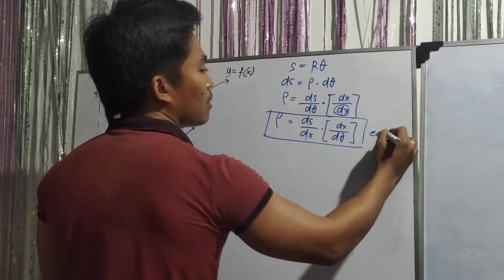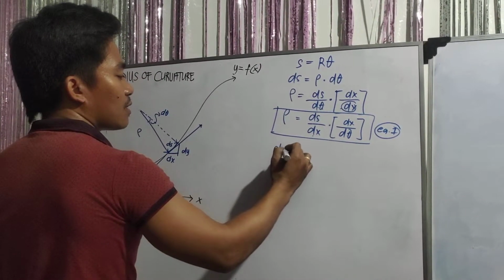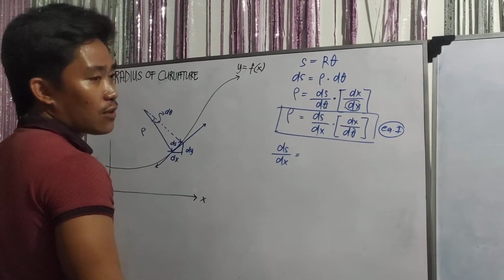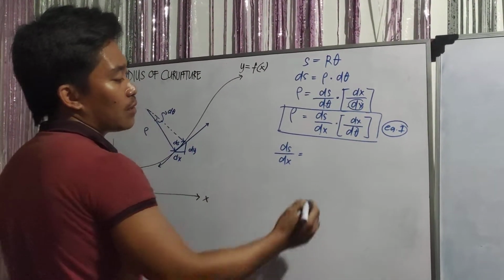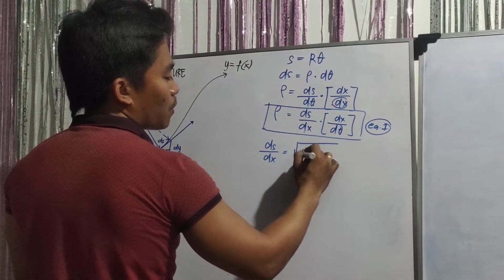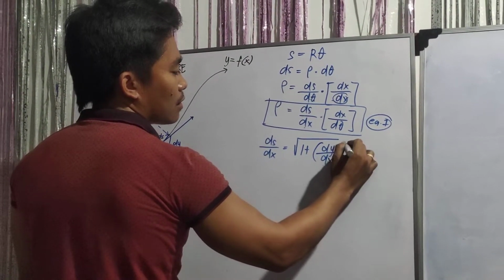This will be our governing equation. This is equation 1. Now, you already know this, ds over dx. ds over dx is what? This is actually the length of curve, which we already derived in our previous video. So, ds over dx is just the square root of 1 plus dy over dx squared.